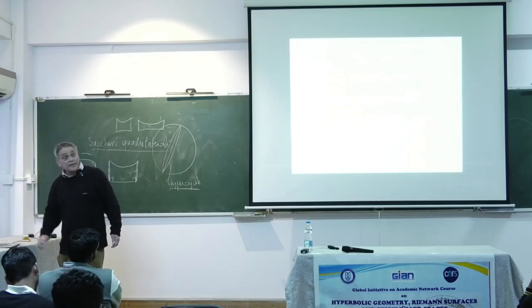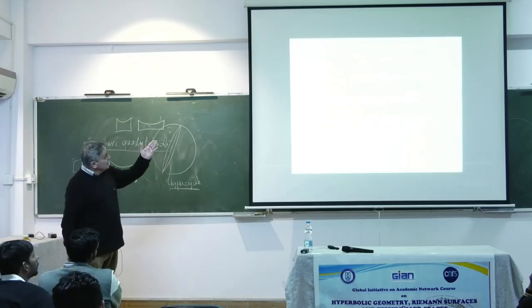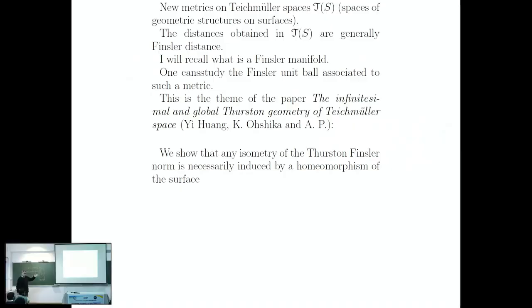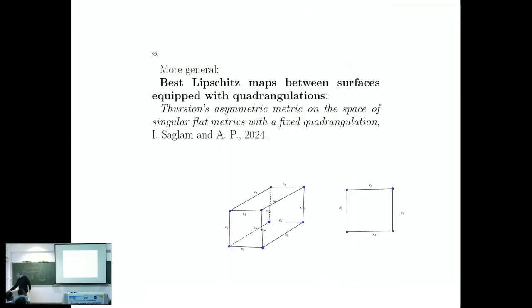This leads to new metrics on Teichmüller spaces. One of them is the Thurston metric, which we are studying. I will explain how these metrics are generally Finsler metrics, not Riemannian, and I will recall what a Finsler metric is.